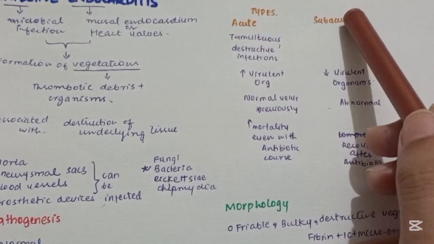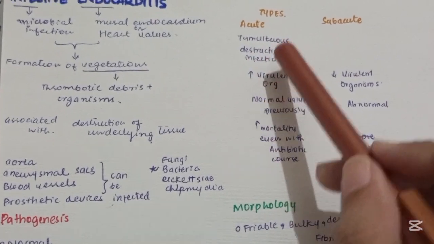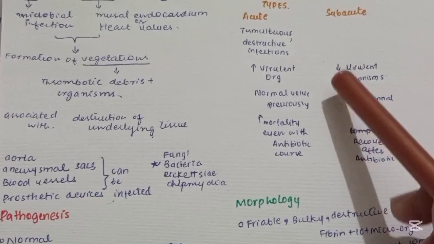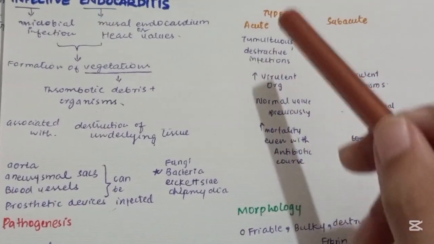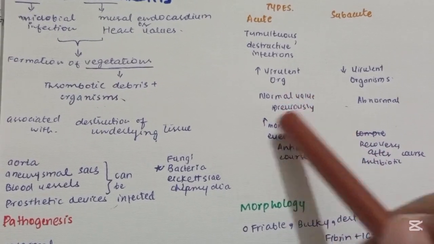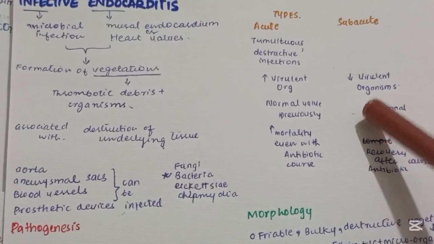Acute is more destructive as compared to subacute, which is chronic. Here a more virulent organism is involved, but in case of the subacute, the organism is less virulent. In case of acute, the valves were previously normal, whereas in case of subacute, the valves are abnormal.